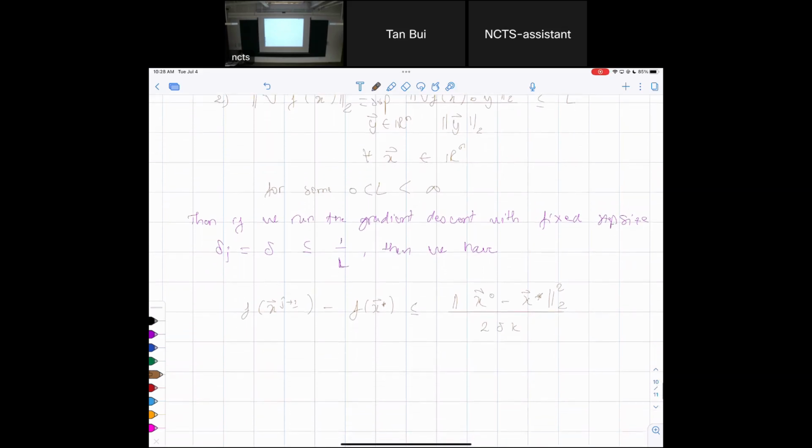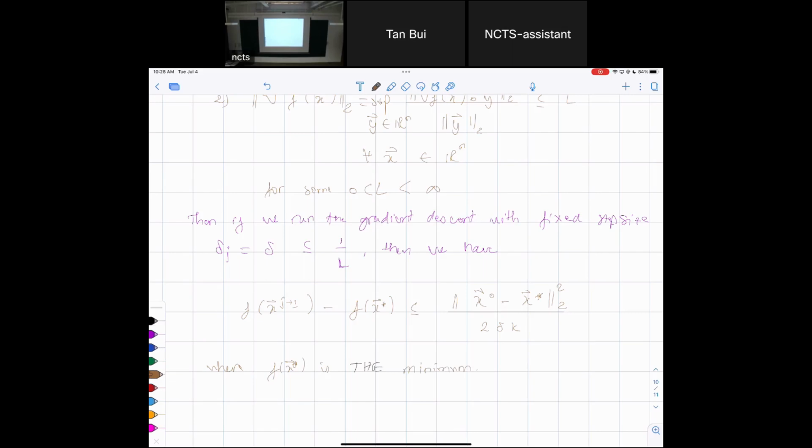Because for a convex function we have only one optimal value, one minimum. We skip that, okay? I encourage you to look at any convex optimization book.